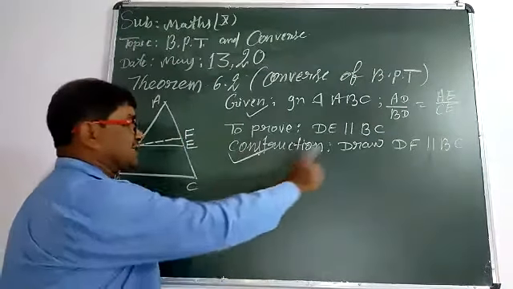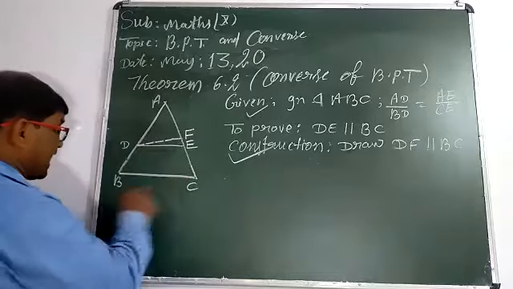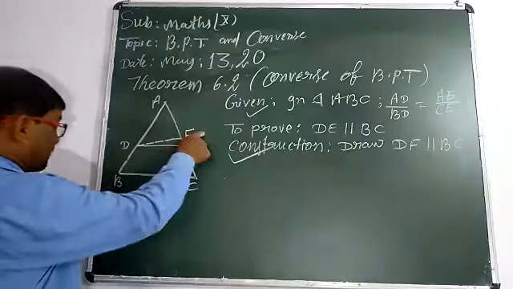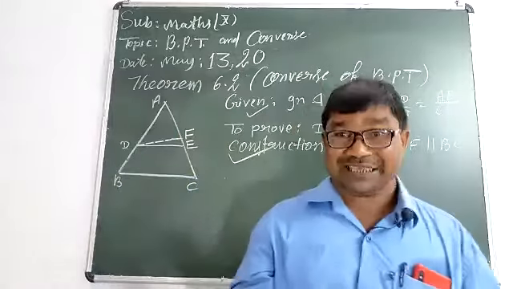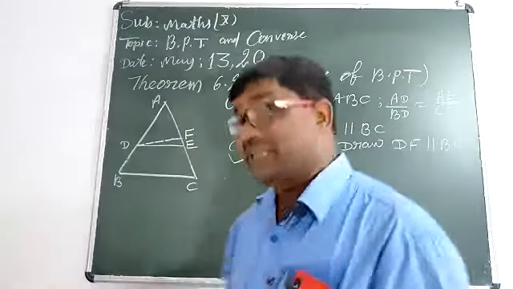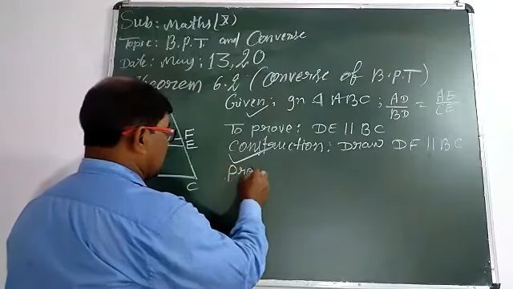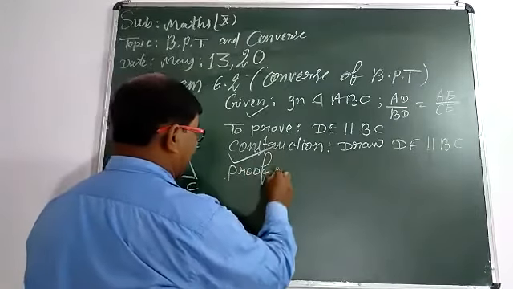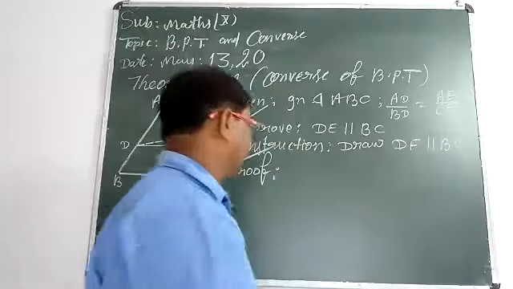This is the construction. Okay, now student, mind that in triangle ABC, DF is parallel to BC now. Now come to the proof, slowly and peacefully. This is geometry. Don't disturb yourself.